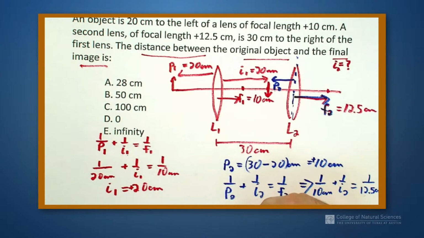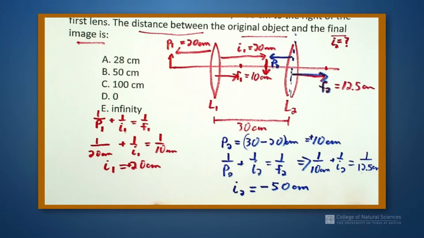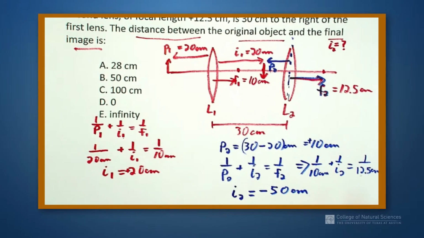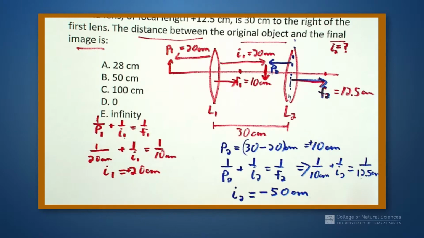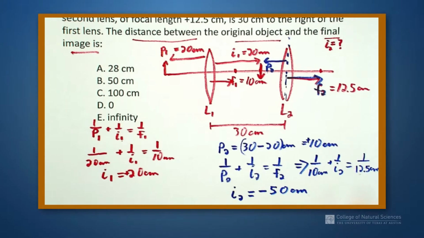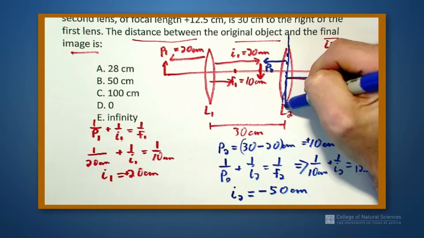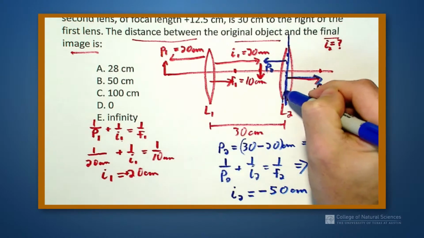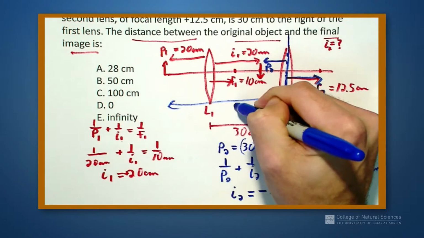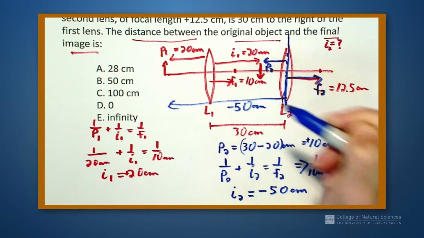And when I work this out, I2 will actually equal minus 50 centimeters. So when I get the minus 50 centimeters, I need to go back up to my picture and see that minus 50 centimeters is measured from the center of this lens. So minus 50 centimeters is in that direction.